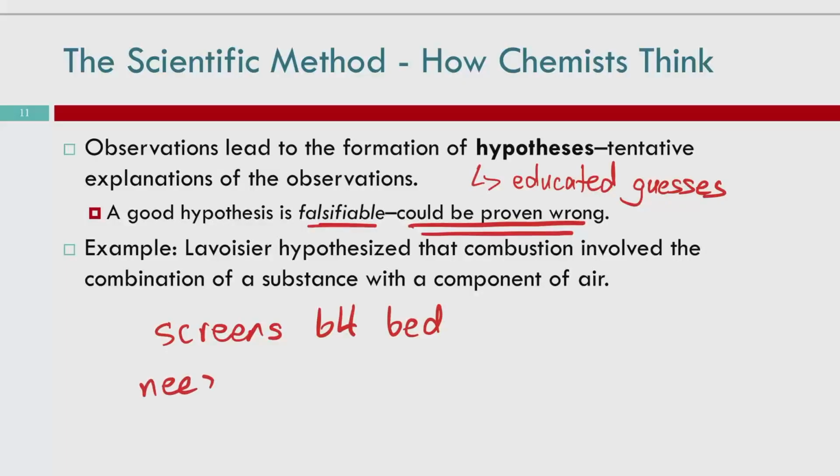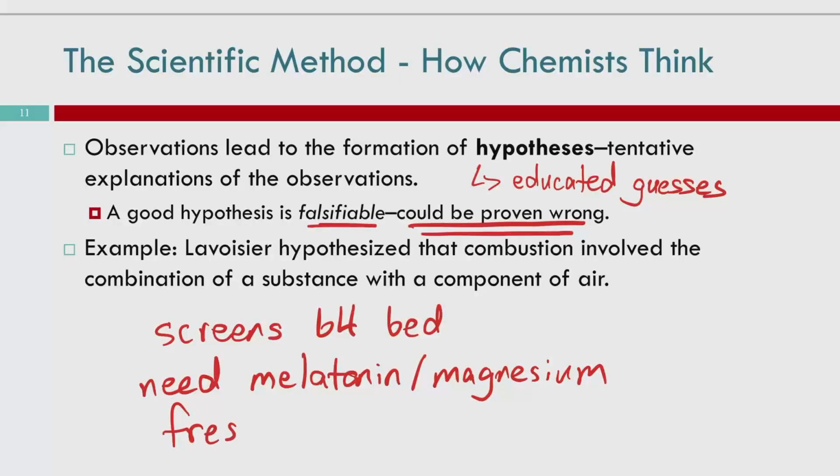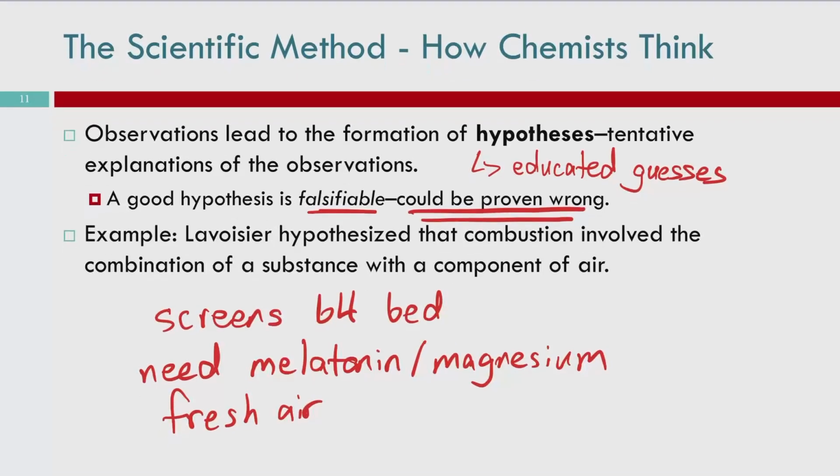Or need some melatonin. Or magnesium, because those have been pretty hot right now. Fresh air, cold conditions, all these sort of things. Right? These are some hypotheses that we could draw up for how we can improve Mr. K's sleep, which is a matter that's very important and dear to all of our hearts.